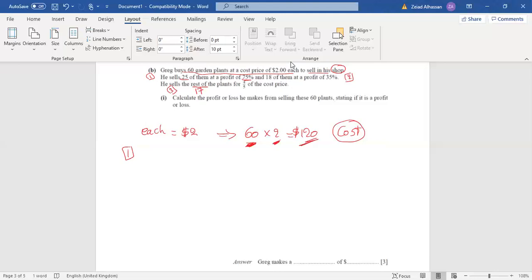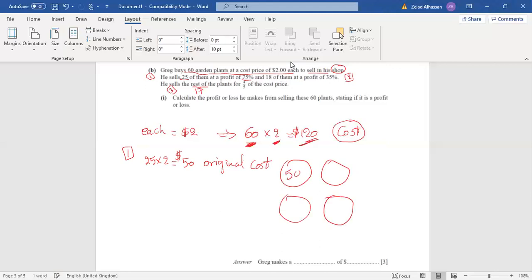So 25 times 2, which is the original cost, is $50. That's the original cost for the 25 plants. So $50 is the original price.